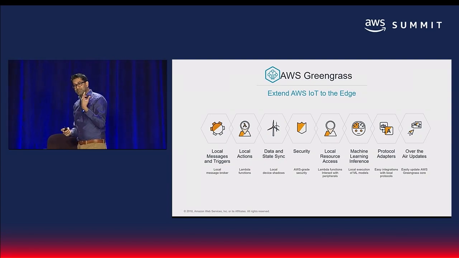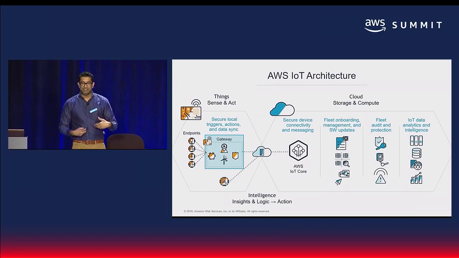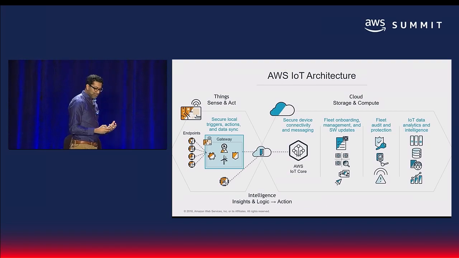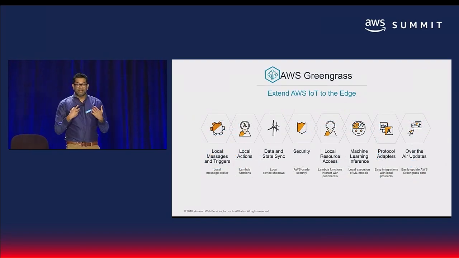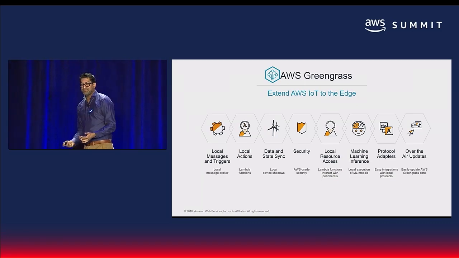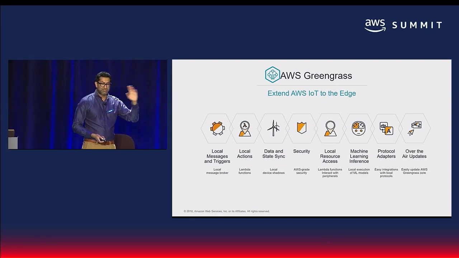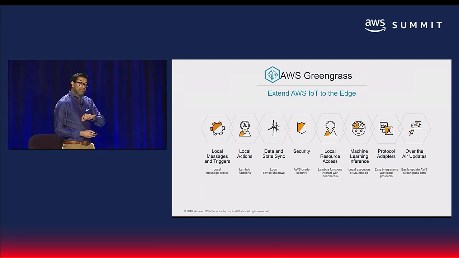The protocol adapters pertain to things like OPC UA. If anyone's used PLC, these are very skewed towards industrial. And those adapters exist. And over-the-air updates, so if you need to update the core, you can do this over the air. You can send the updates streaming over MQTT. And what's nice is that it has failover.